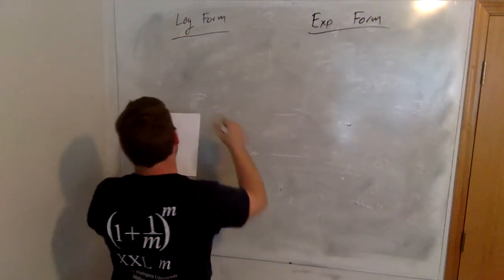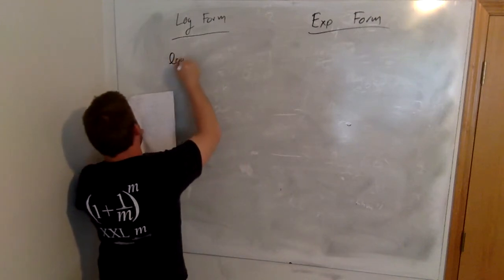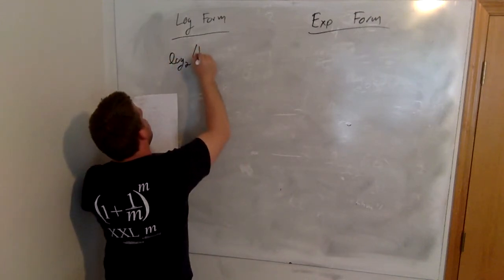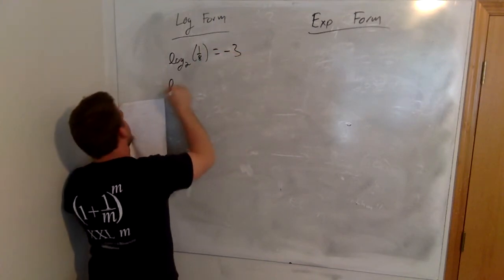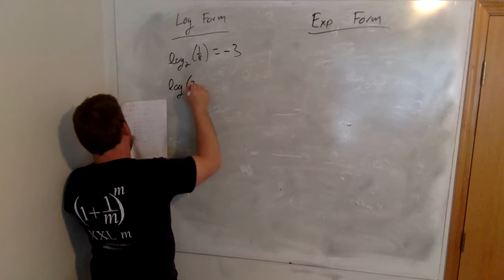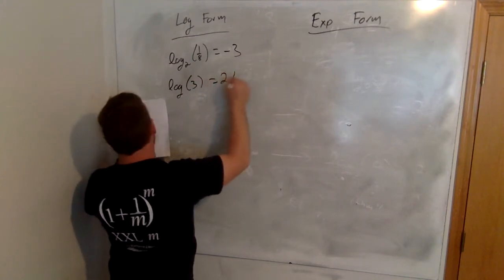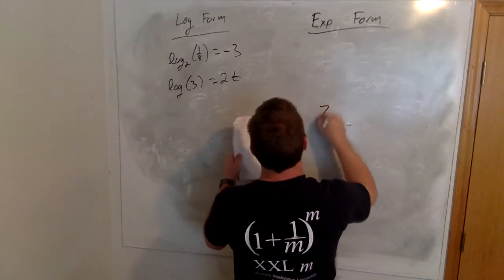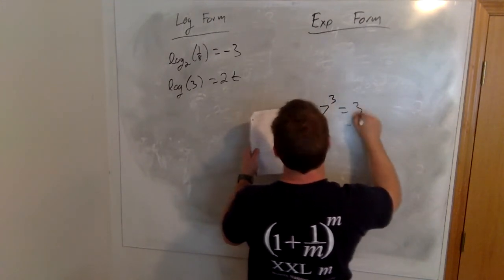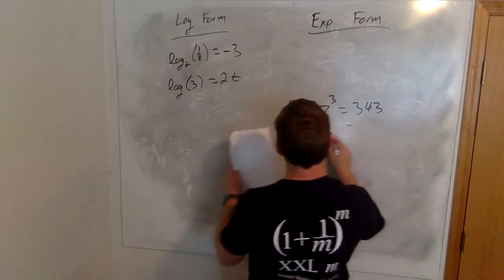Okay, so let's say over here, we have log base 2 of 1/8 equals -3. Log of 3 equals 2t. Let's say we have 7 cubed is equal to 343.